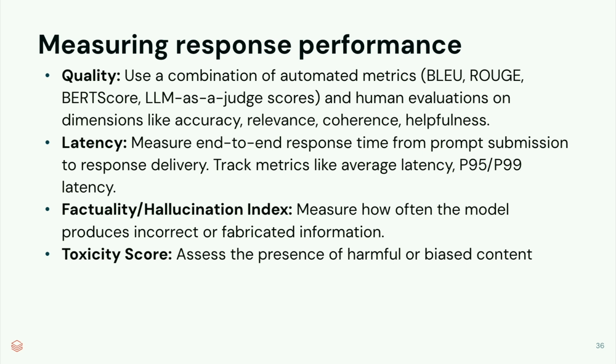Then toxicity and all the policy aspects: whether the model is producing any toxic output, and whether it handles edge cases gracefully, where very tricky questions are asked of LLMs. How do we make sure that aspect is still maintained? So by measuring response performance or user quality, these are some dimensions we can look into and base our evaluation on.